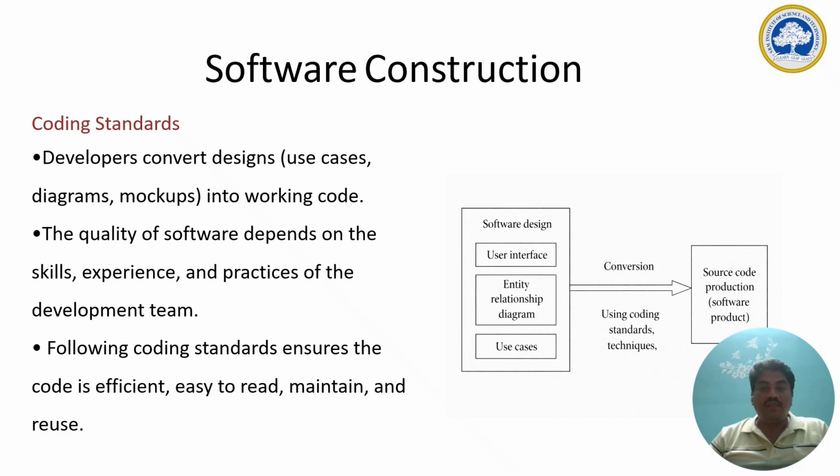These software constructions or codings will be very useful, so coding standards are what we commonly follow. The quality of software depends upon the skills, experience, and practice of the development team. Some standards ensure the code is efficient and easy for other people to read, and that we can maintain the software and reuse it for future purposes. We can achieve that by following formal coding standards.